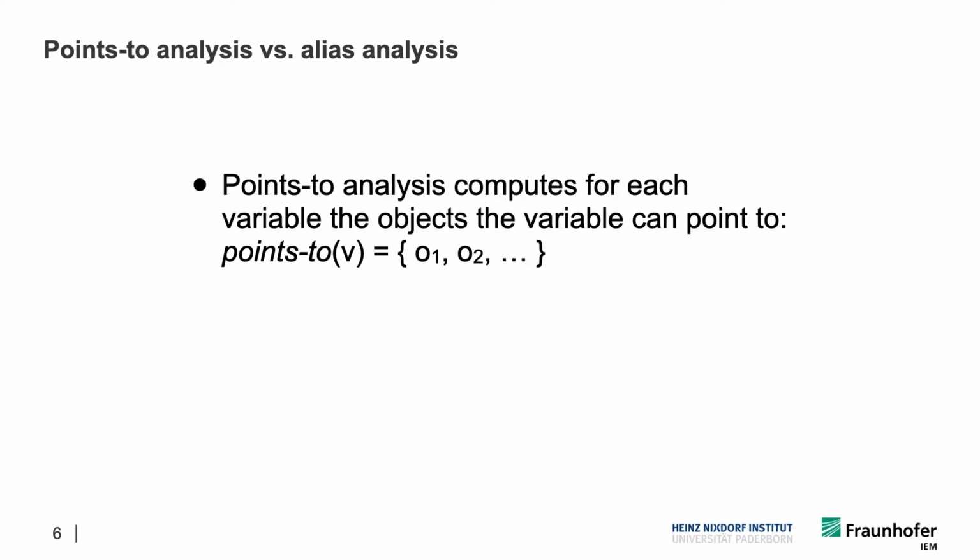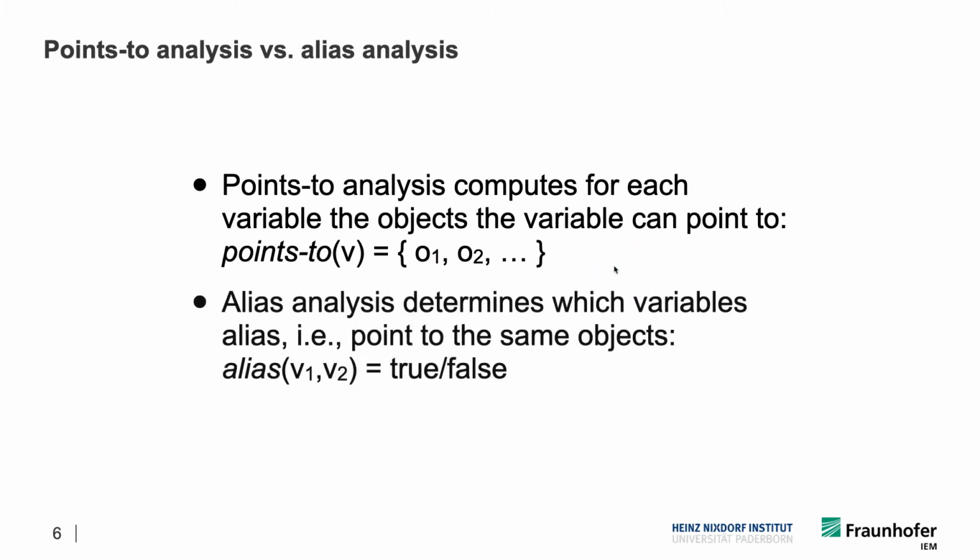In the points-to analysis, we basically want to compute for each variable the objects that the variable can point to. So we query for a single given variable and we get basically a set of objects. In an alias analysis, we want to determine which variables in the program point to the same objects. So it's a different query, right? So here we query with two variables and we also don't get objects. We just get a binary answer, true or false.